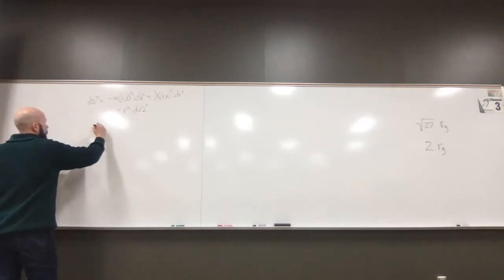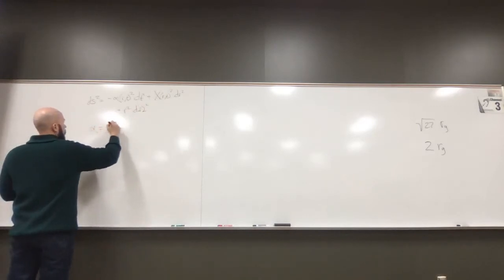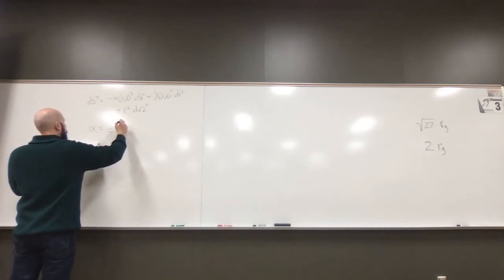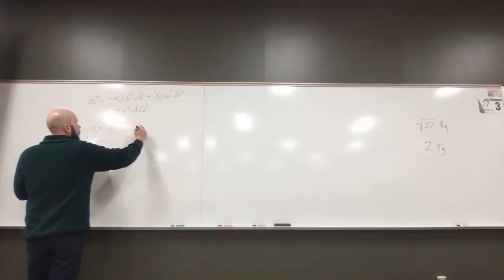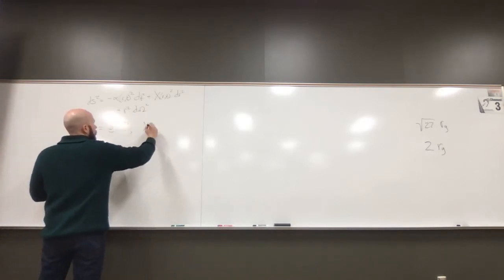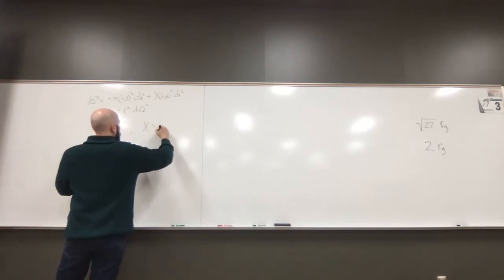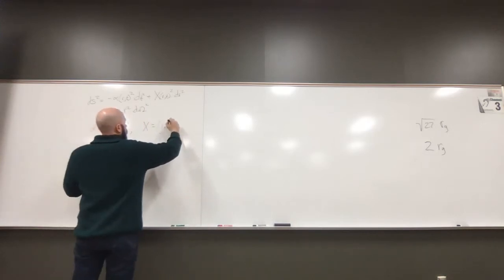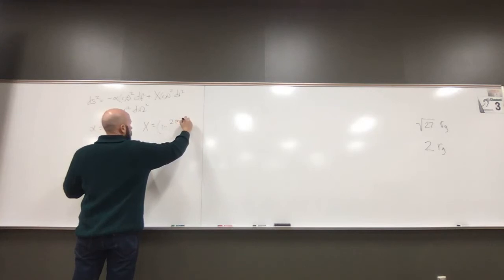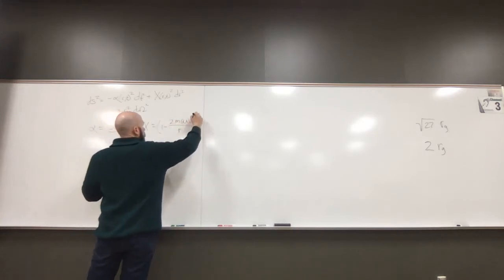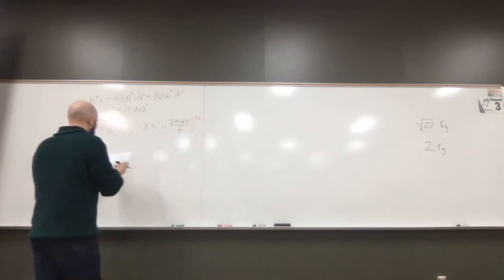And in this, the lapse is e to the phi, which is a function of space and time. And this function x looks a lot like our function that we have in Schwarzschild: enclosed mass, gravitational mass, divided by the radius, to the -1/2, like that.